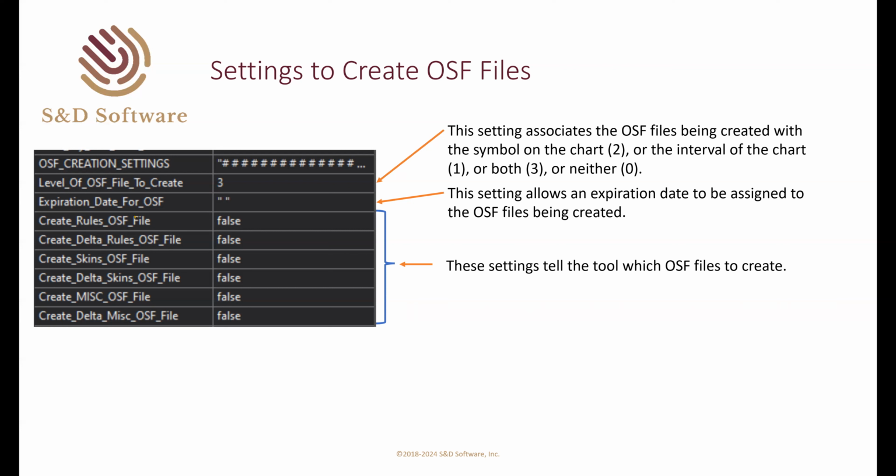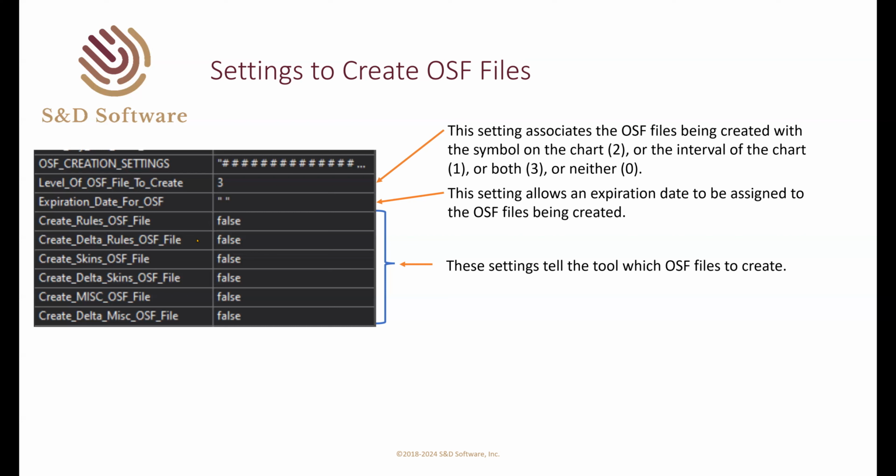So if we're going to create a rules OSF file, we need to set create rules OSF file to true. Now we're going to get a complete OSF file. And then if we say create delta rules OSF file, then we will get a delta rules OSF file instead of a complete one.